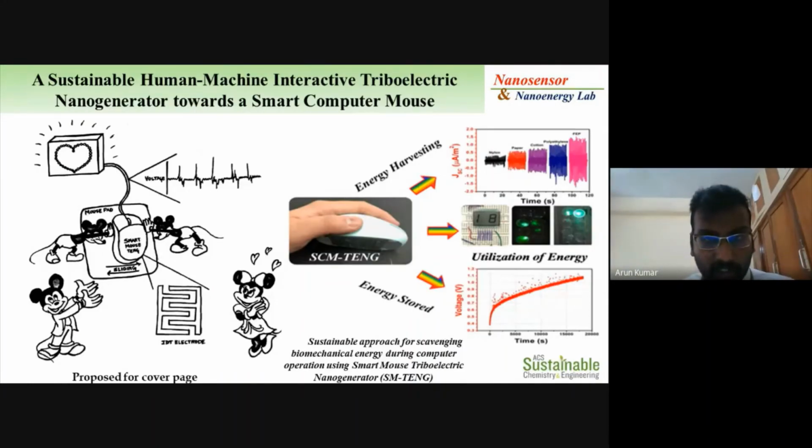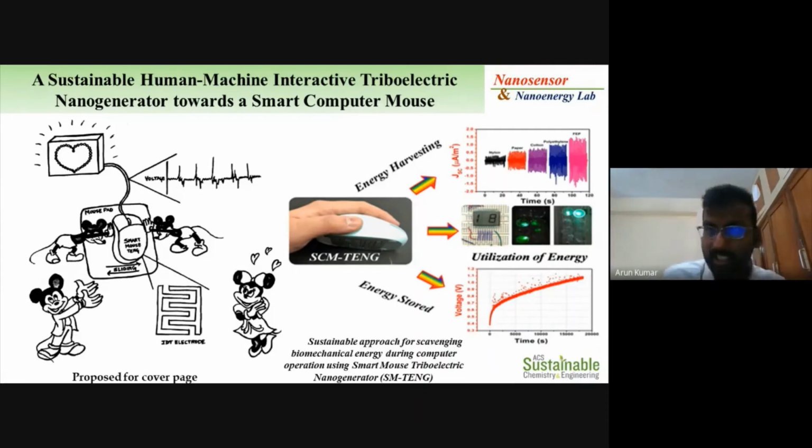Here we connected a device to the mouse, and whenever you do your operation, from this signal we can understand the pattern. For example, some person will do the work under high stress, and they might have some difficulties.